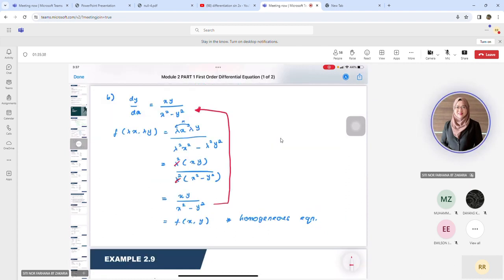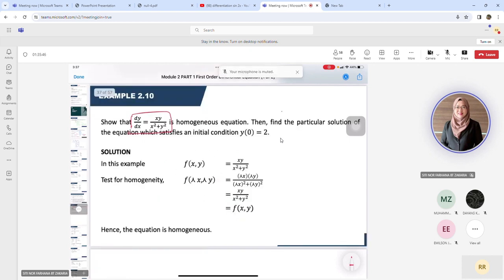This one. So it's proven that this DE is a homogeneous equation. So we can proceed with the homogeneous method. So far okay. Okay, Doctor.